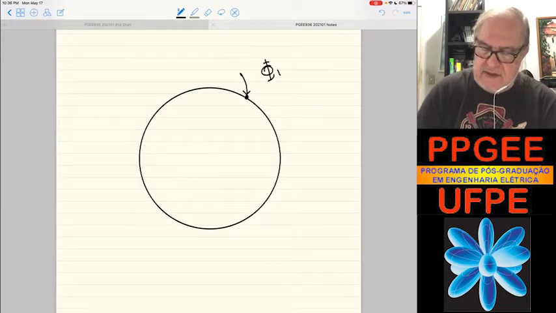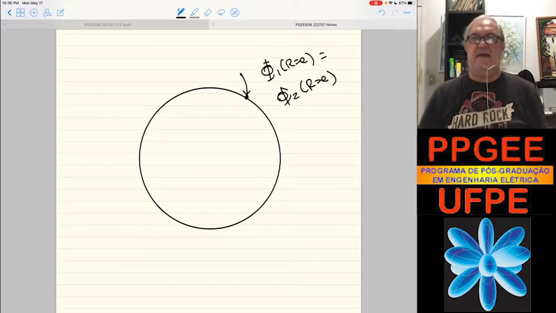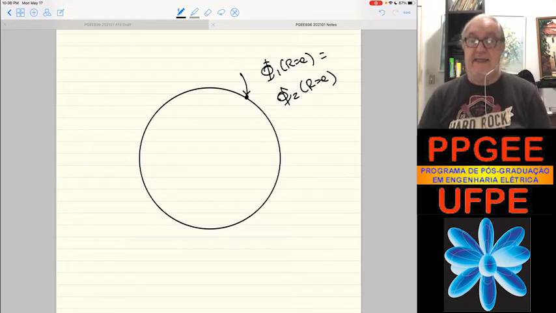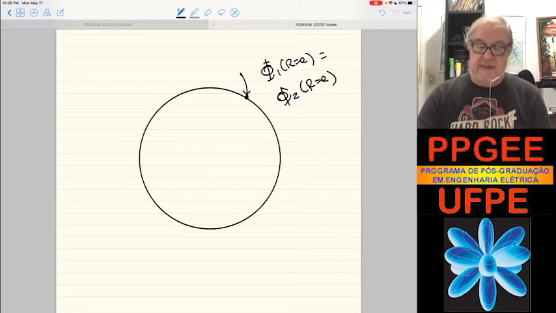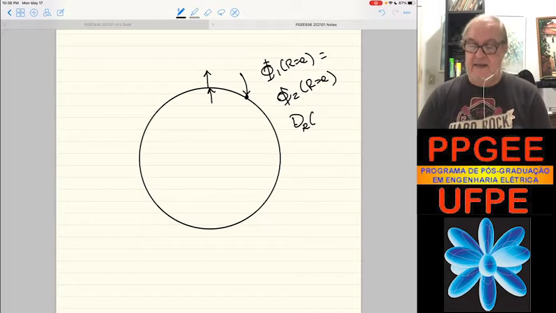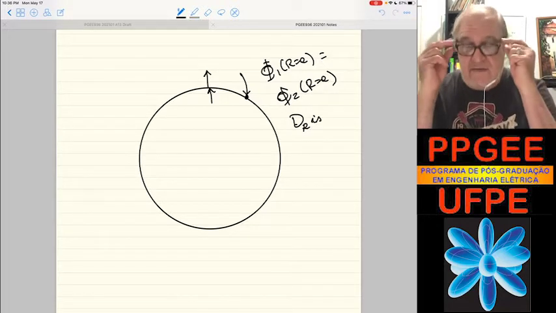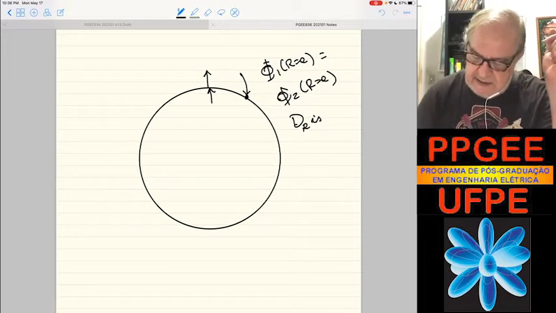The potential is continuous. And there's another condition: the normal D, D_r, is continuous, because we don't have surface charge densities.